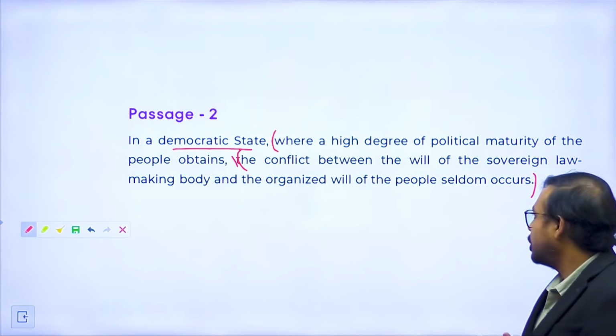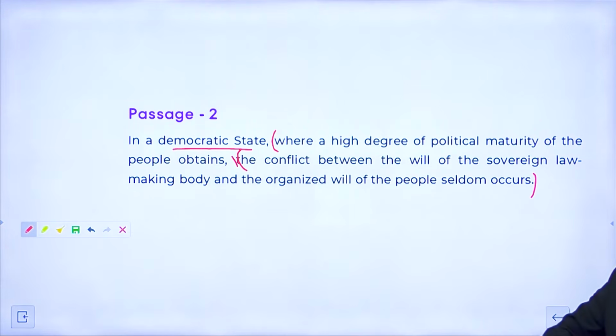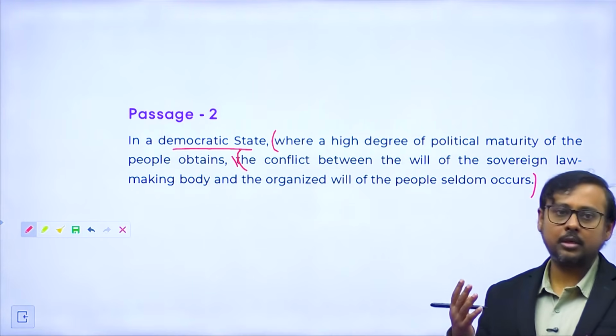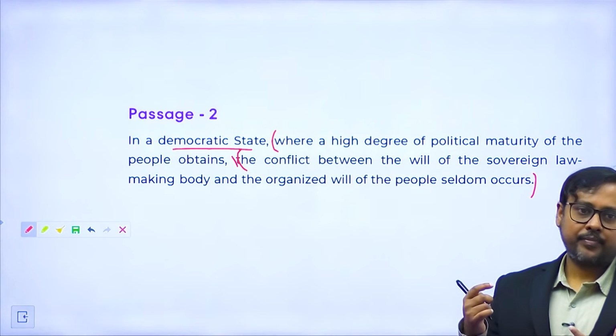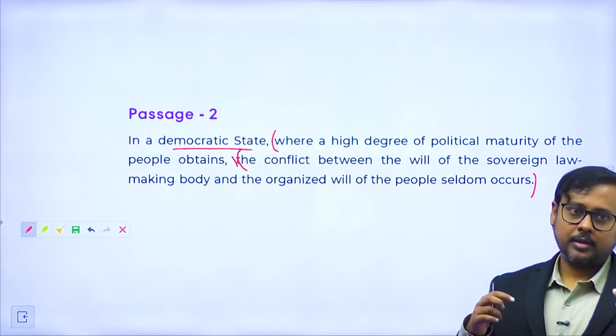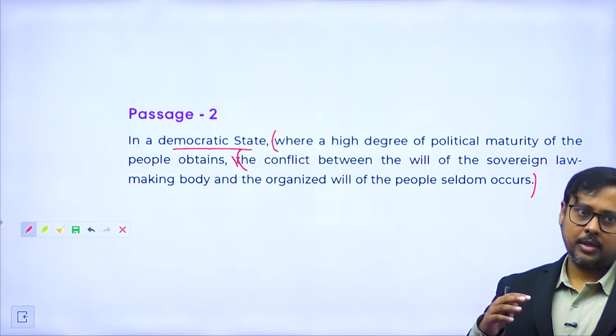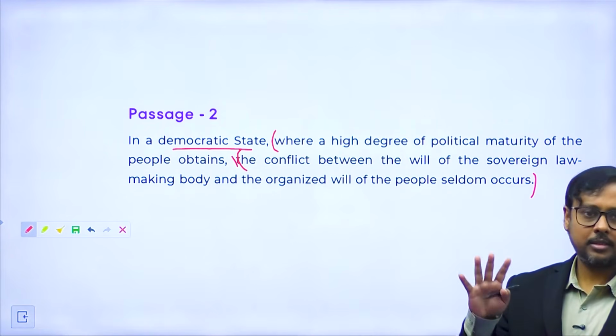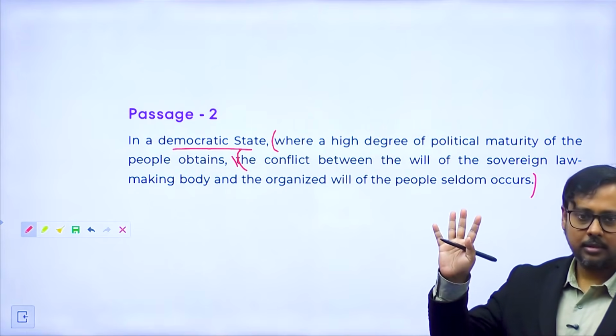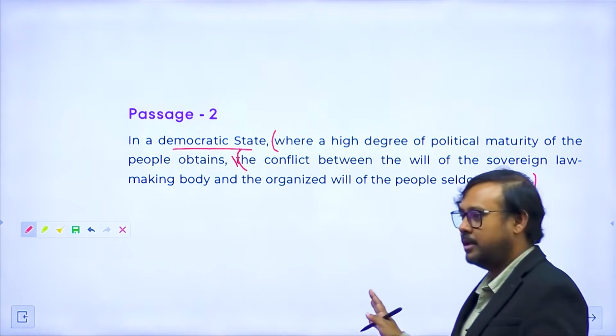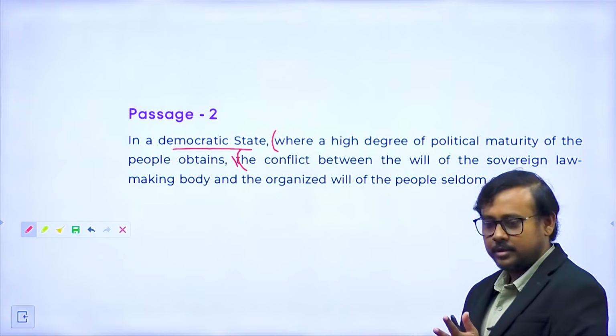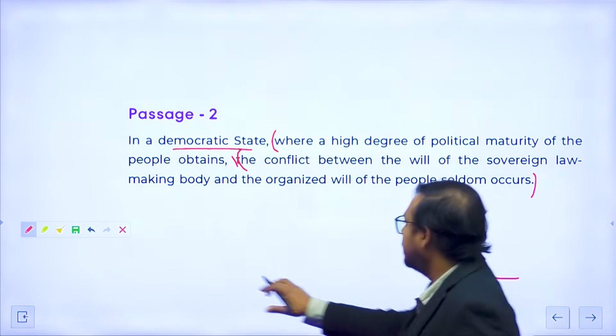Brilliant. So what is the logical conclusion? What can be the logical conclusion? In a mature democracy, people and the law-making body seldom conflict. They seldom have conflicts. Can we agree to this? Okay.